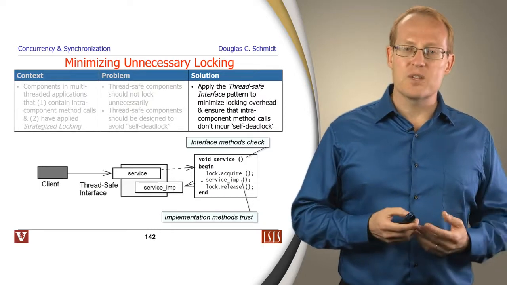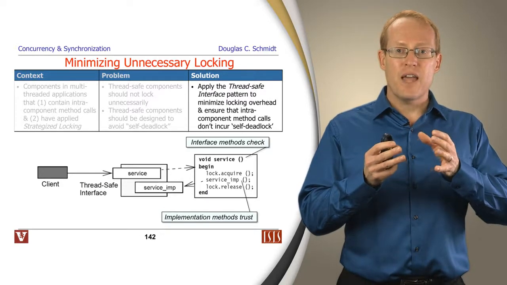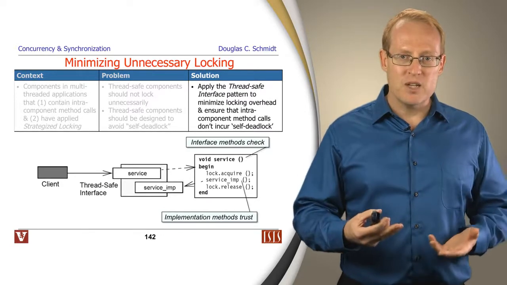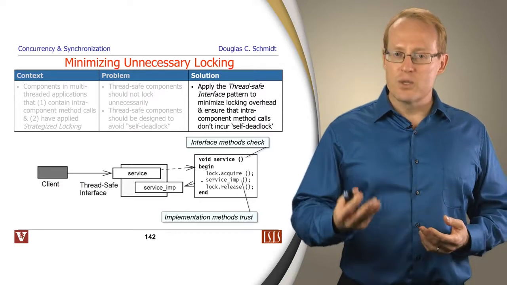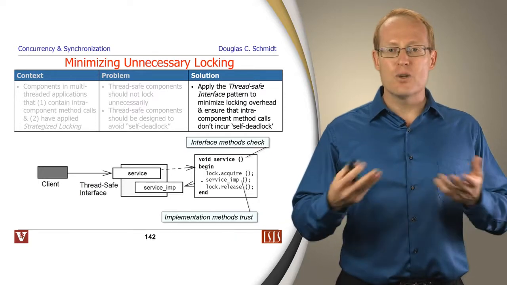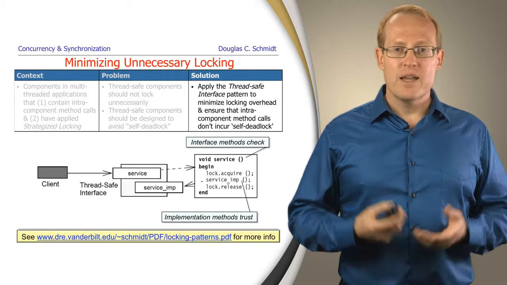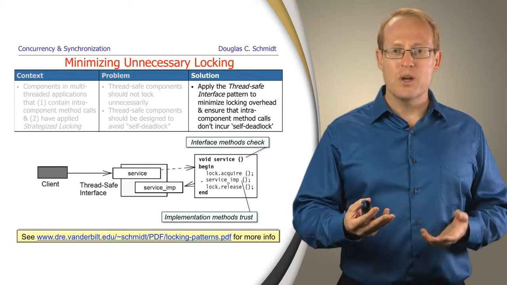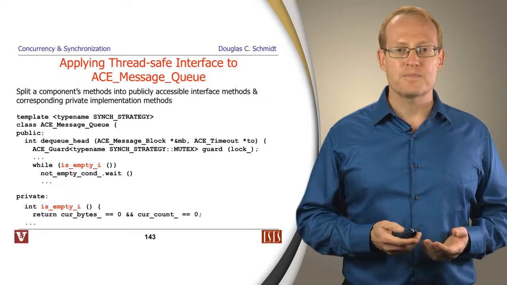By organizing things this way, we can have the interface methods acquire the locks and then call down to implementation methods to do the actual heavy lifting and the actual logic. Those implementation methods assume, trust, the locks are held, they do the work, and they only ever call other implementation methods. This pattern also appears in POSA 2, and you can read more about it at the URL at the bottom of this particular slide.